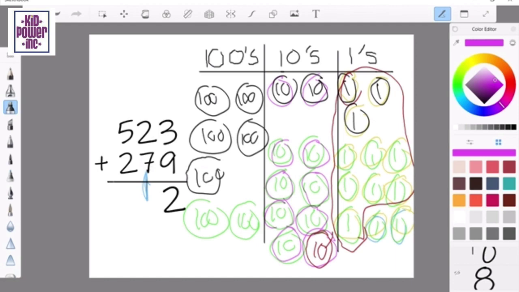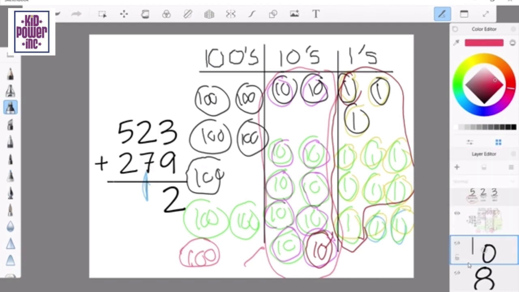So we have to bundle up all 10 of them and ship them off to the hundreds place. So they become hundreds, since 10 tens make up 100. Now once again, we add in a 0 to the tens place because there is 0 left over. We circled all of them and bundled them. And we put a dash in the hundreds place to show that we have a new extra 100.